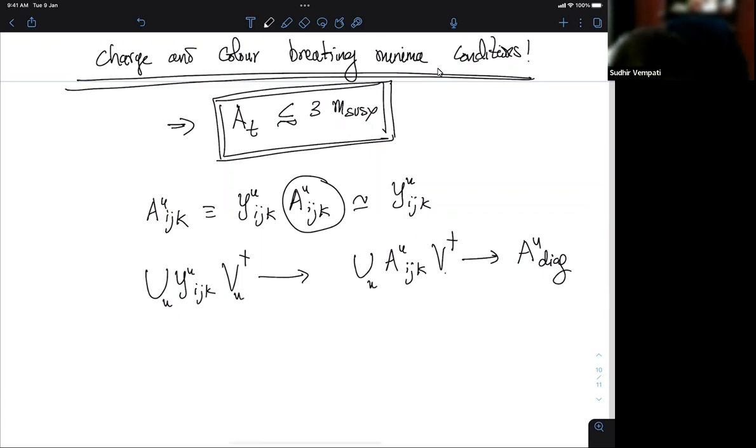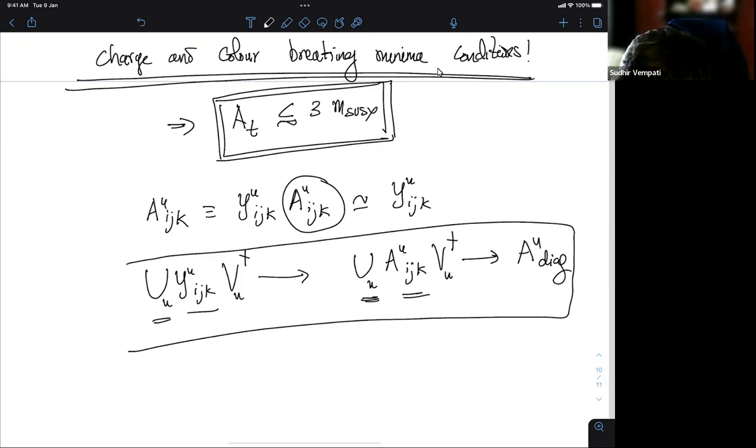So the same U which diagonalizes Y^U also diagonalizes A^U. Okay, so that's the condition one imposes. So in the limit Y^U goes to diagonal, it always means that A^U also goes to diagonal, but this need not be true.